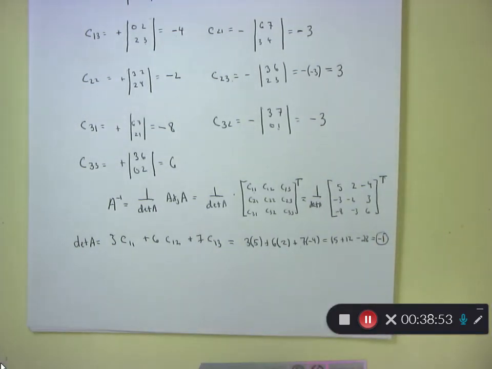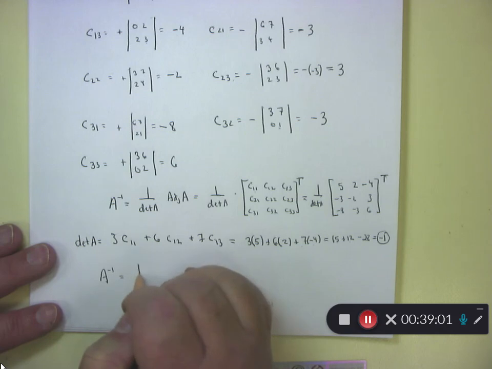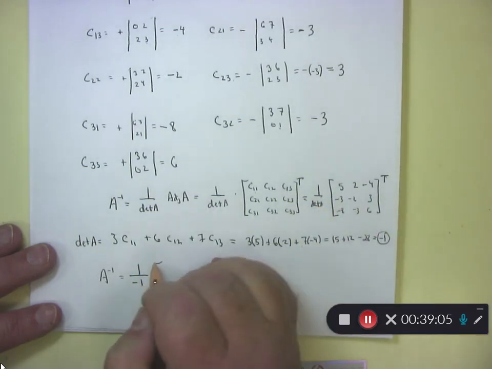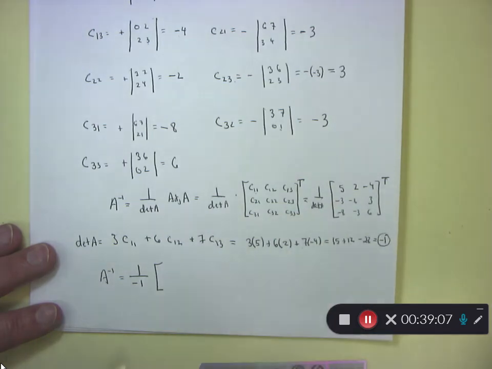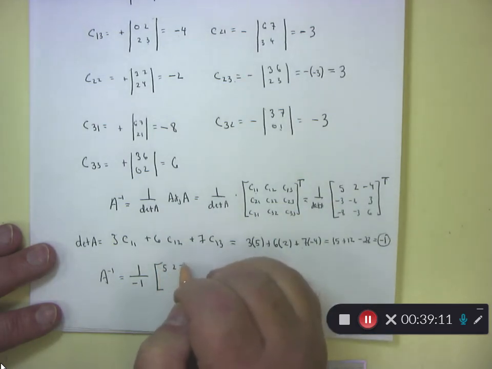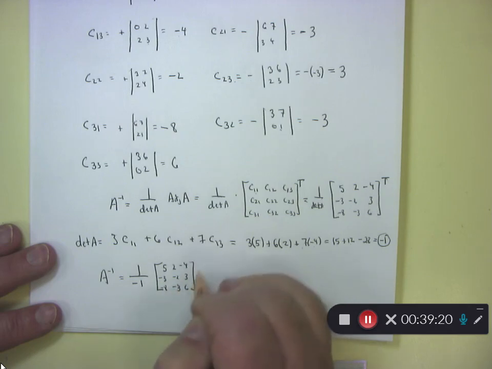Using those cofactors, since I've already done it, I can use them to help me figure out the determinant of the actual matrix. So therefore, A inverse will be equal to 1 over the determinant of A, which is -1, times the adjoint matrix, which is 5, 2, -4, -3, -2, 3, -8, -3, 6, transpose.